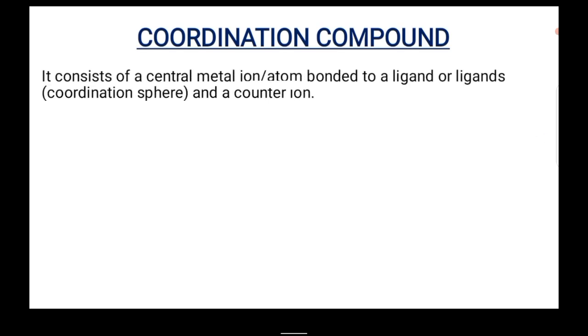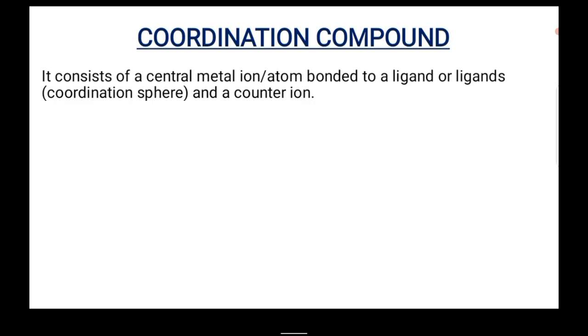Next, coordination compound. A coordination compound consists of a central metal ion or atom bonded to a ligand or ligands, and a counter ion. So we have the coordination sphere and the counter ion.